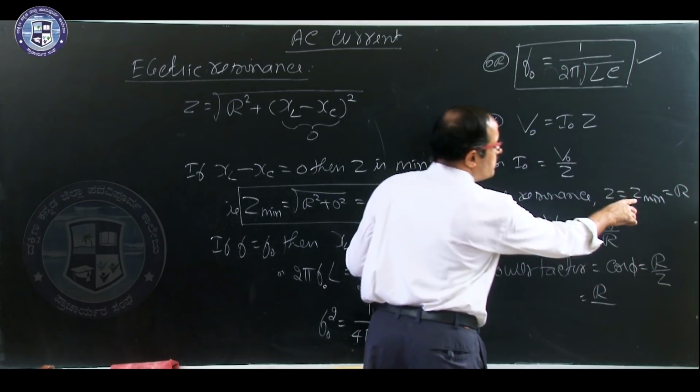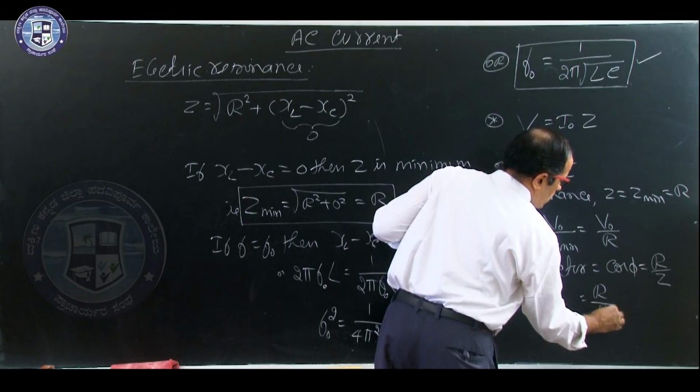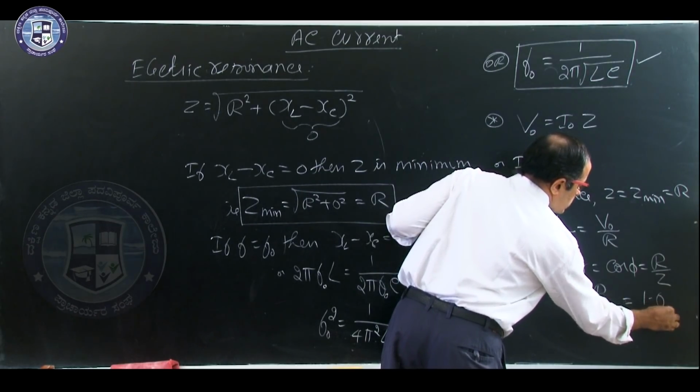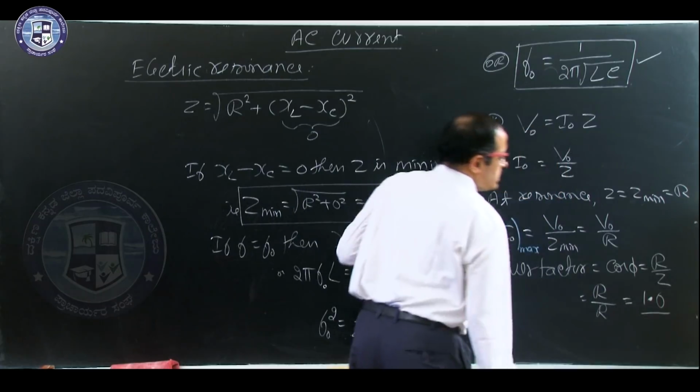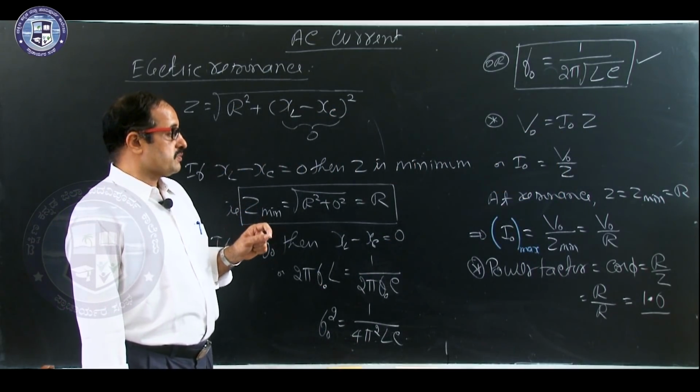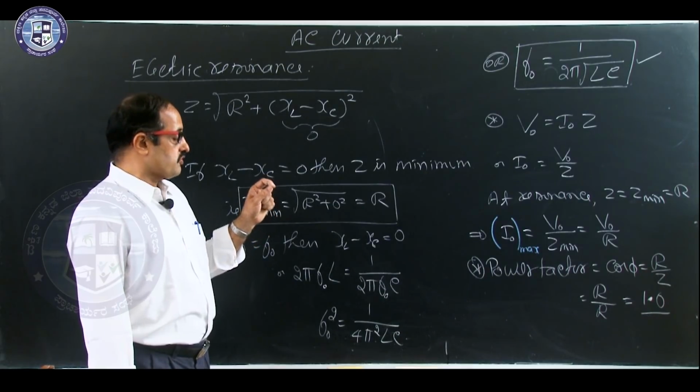Z minimum is equal to R, so the ratio is 1. Therefore, the power factor of the circuit is 1. It again indicates that the LCR circuit behaves or acts like a resistor circuit.